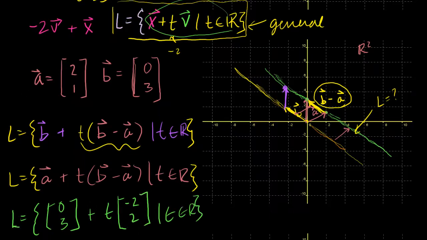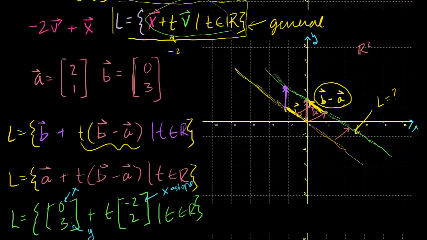If we want to plot points, if we call this the y-axis, and we call this the x-axis, then we can set up an equation here. This is the x-coordinate, that's the y-coordinate.